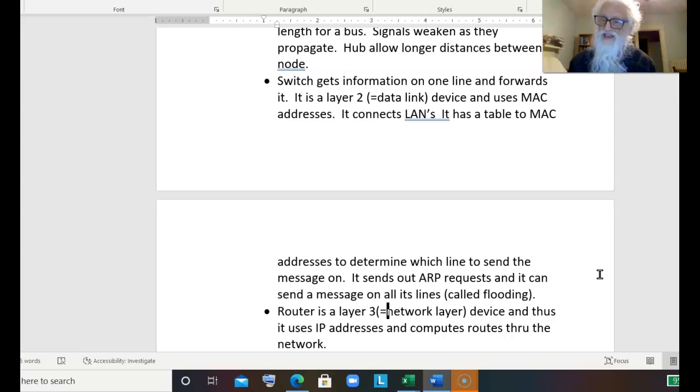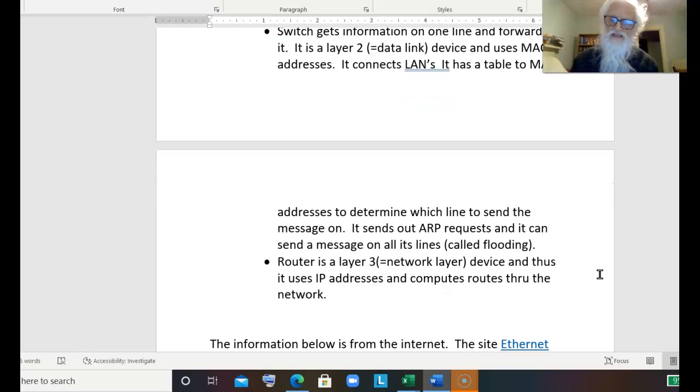That table is created by the various algorithms we looked at earlier, including the Bellman-Ford algorithm you wrote. And the big difference is it's at a higher layer. And it's sending messages farther along. It's not just sending messages within the LAN. Now that's what I want to say about that.